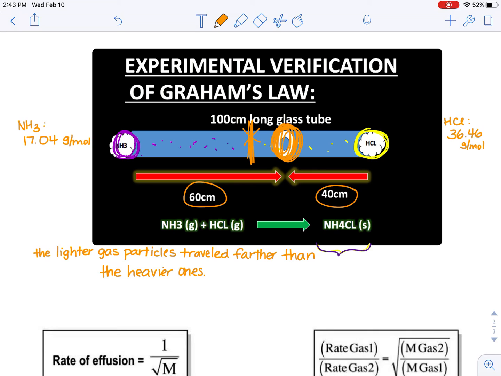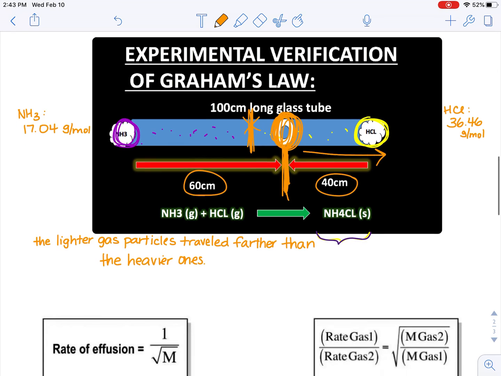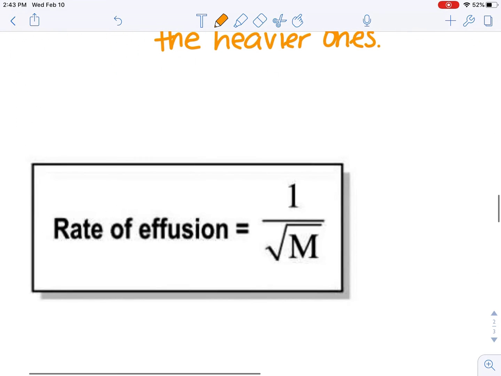Since the HCl is a bigger or heavier molecule compared to the NH3, it's not going to travel as far, which explains why the formation of the precipitate happened closer to the HCl.